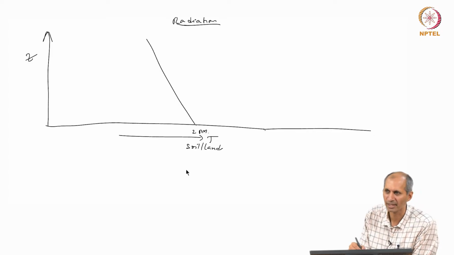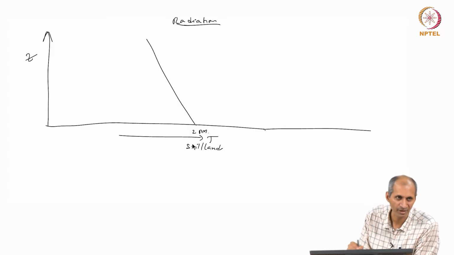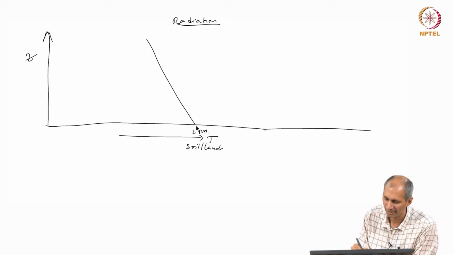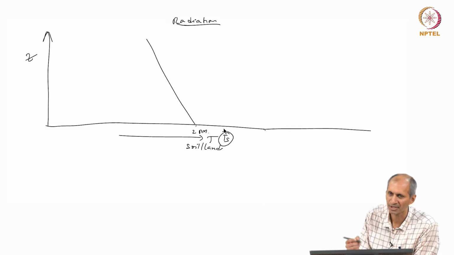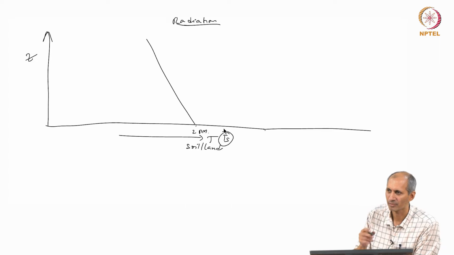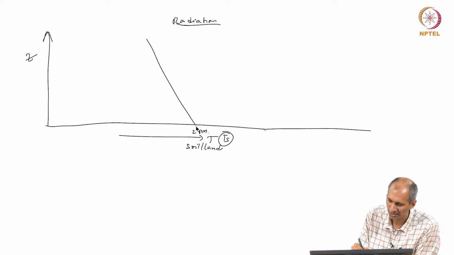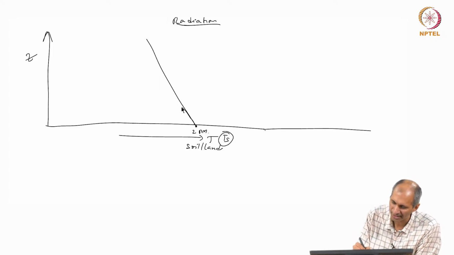So, radiation directly heats the soil, and the soil becomes very hot. You can see that in summer or at peak daytime, the land is much hotter than the air. As a result there is a positive temperature gradient in this direction.